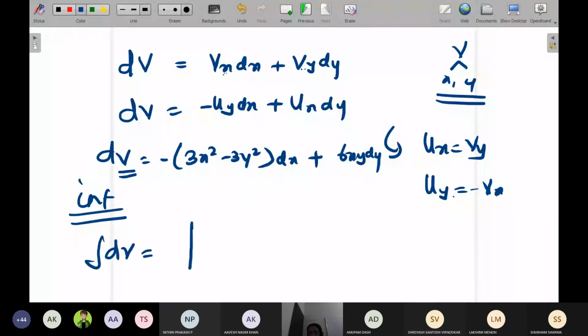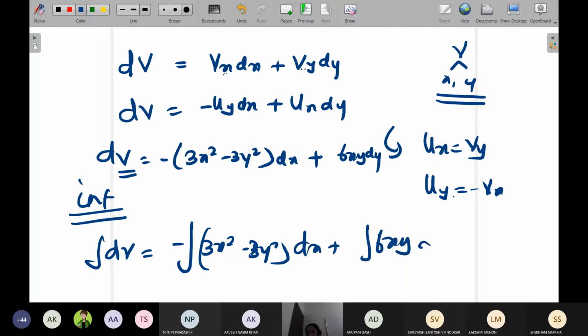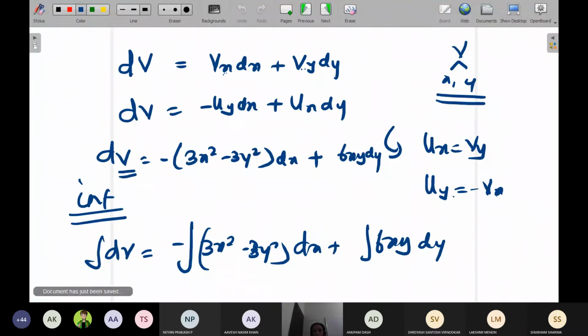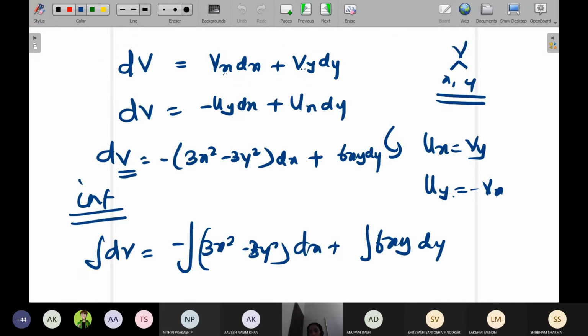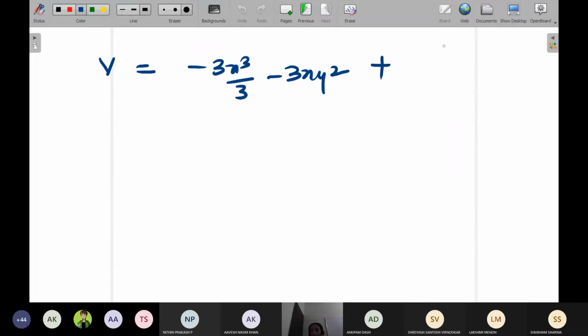Integral dv will be equal to minus integral 3x square minus 3y square dx plus integral 6xy dy. Integral dv will become v. And here you integrate with respect to x. So you'll get minus 3x cube by 3, then the other term will become minus 3xy square, plus the other term will become 6x into y square by 2.